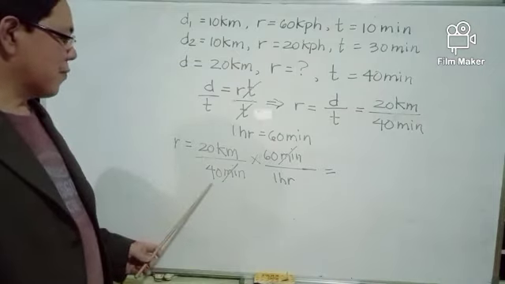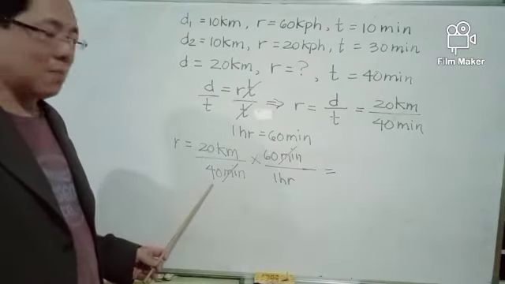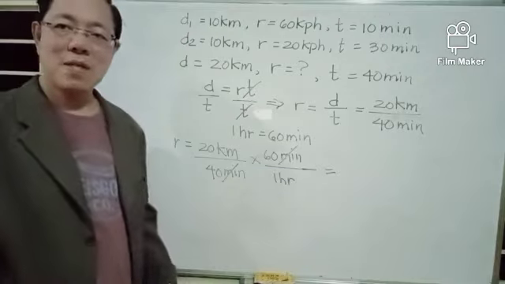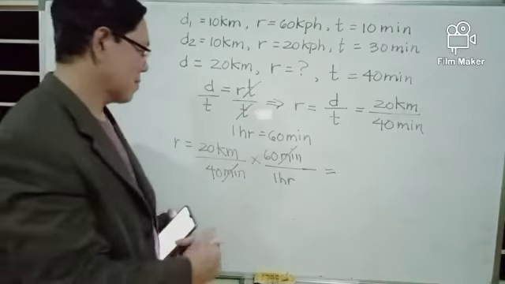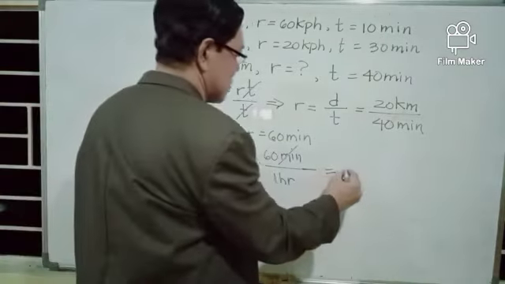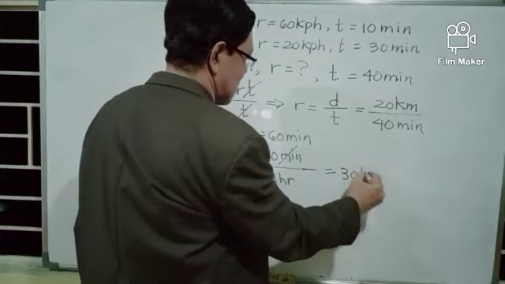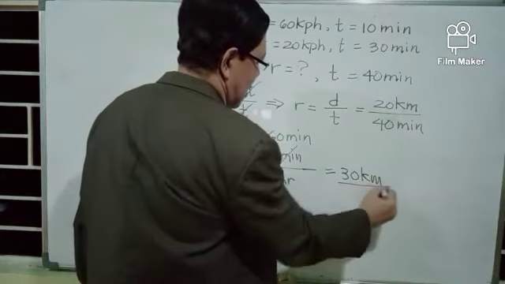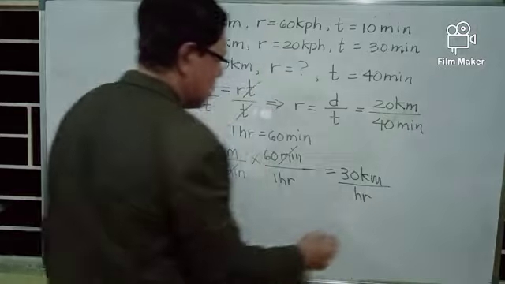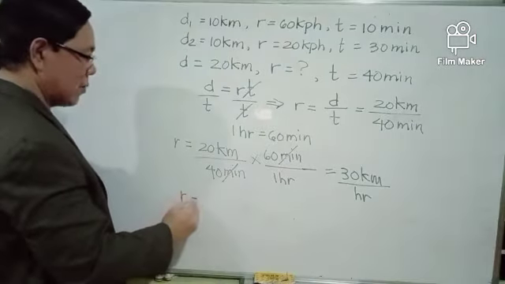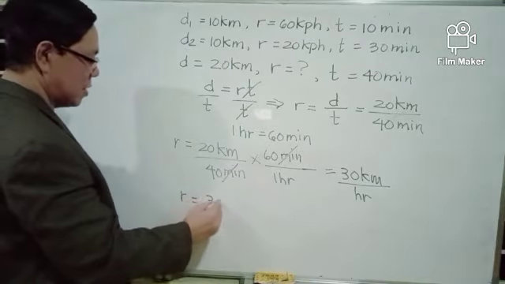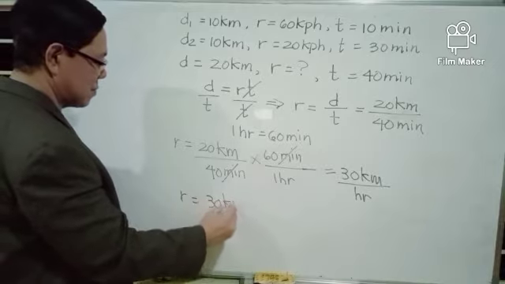20 divided by 40 is 1/2, and 1/2 of 60 is 30. 30 kilometers per hour, or R equals 30 kph.